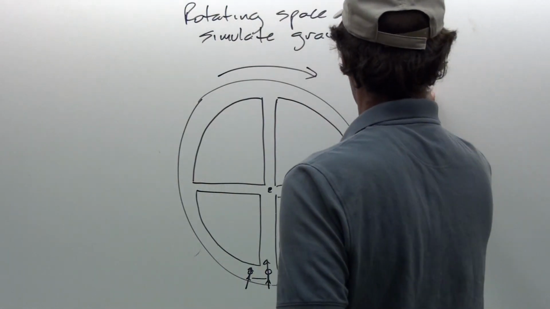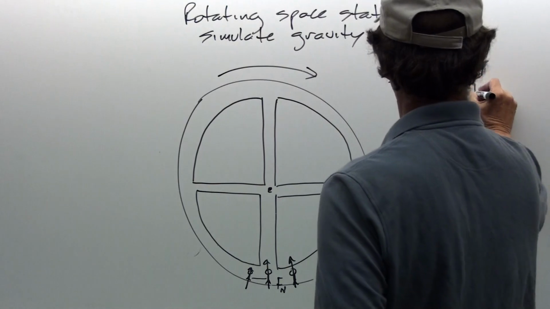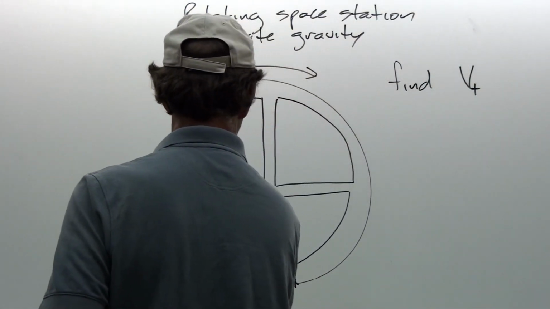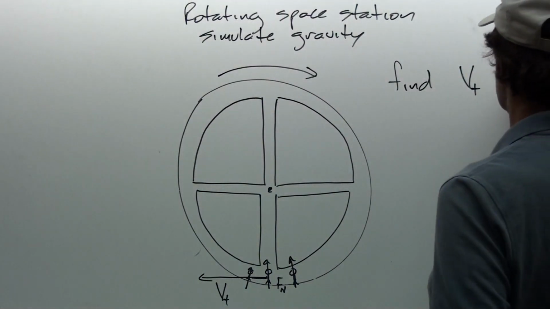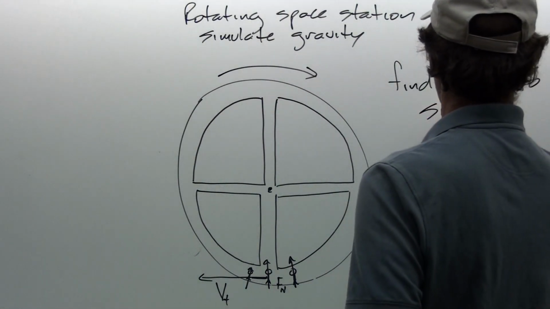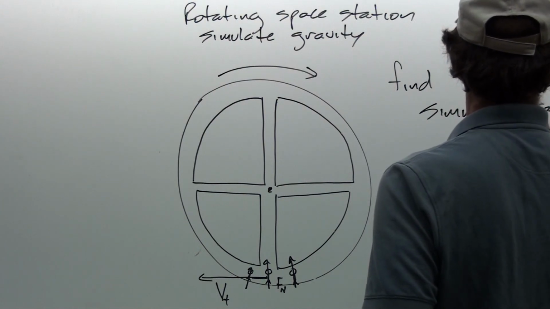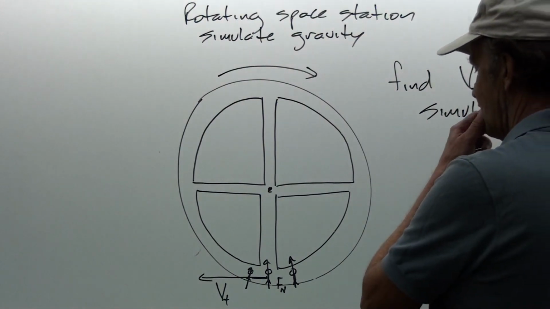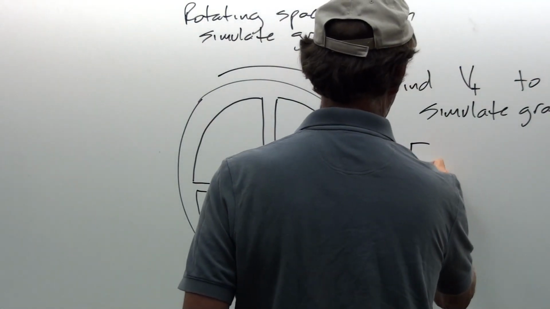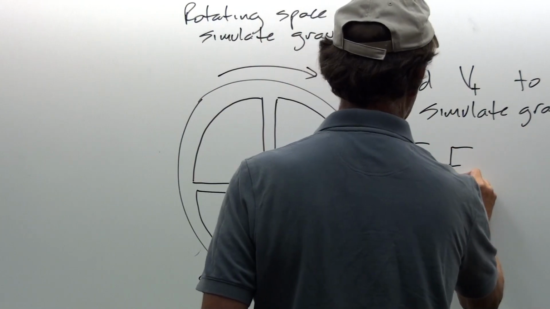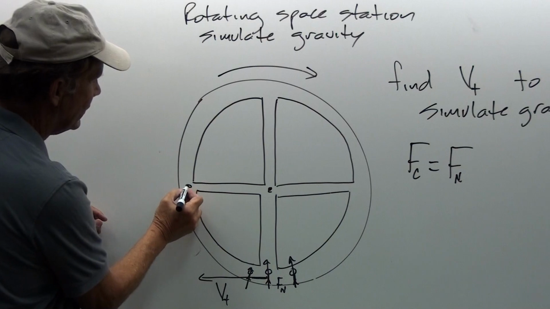So if we want to find the tangential speed, vt, here, so that's the velocity that you'd be moving at the outer edge of the space station, then all we really need to do here is say that our centripetal force is equal to the normal force, because that's the only force that's acting here that makes you keep going in a circle.